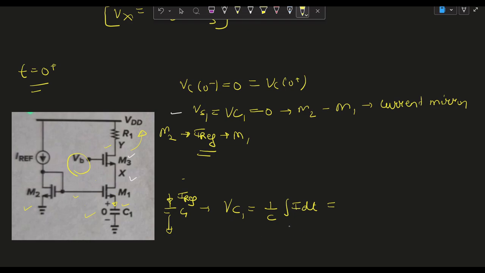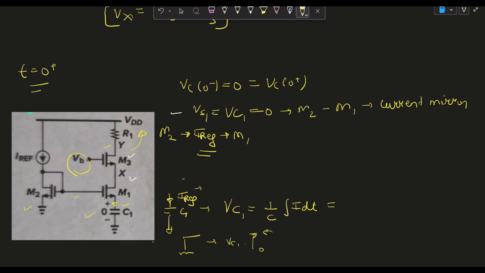So for this time frame, t equals 0 plus, the IREF current looks like an infinite current, as this is an instant current. The voltage of the capacitor will jump instantly from 0 volt to some specific voltage.